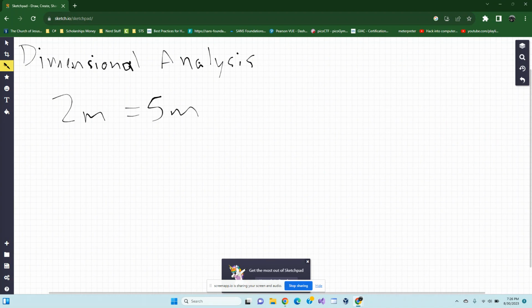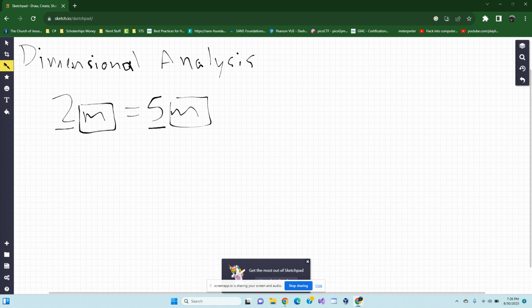Now we know, of course, 2 meters does not equal 5 meters. But what we really only care about is if the units are the same. So we have meters on both sides. So the equation might not be numerically correct, but it's dimensionally correct.